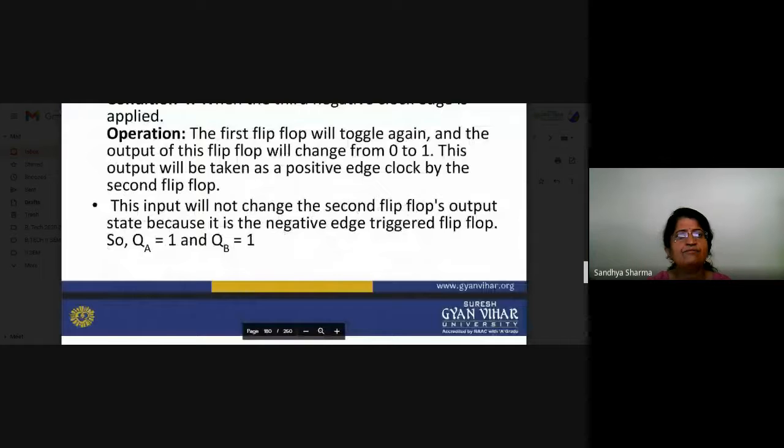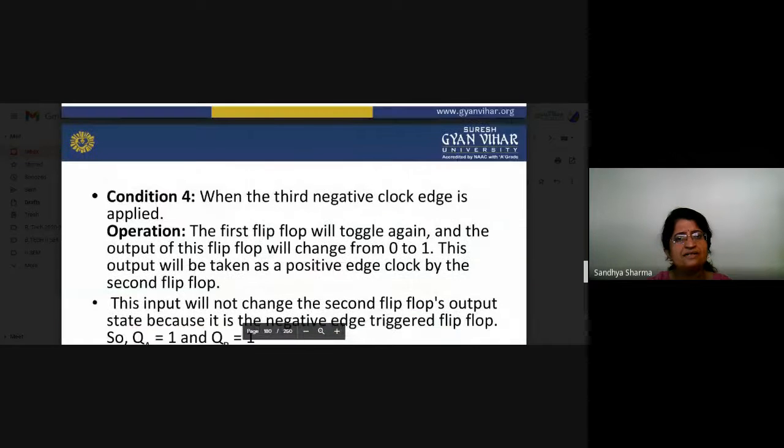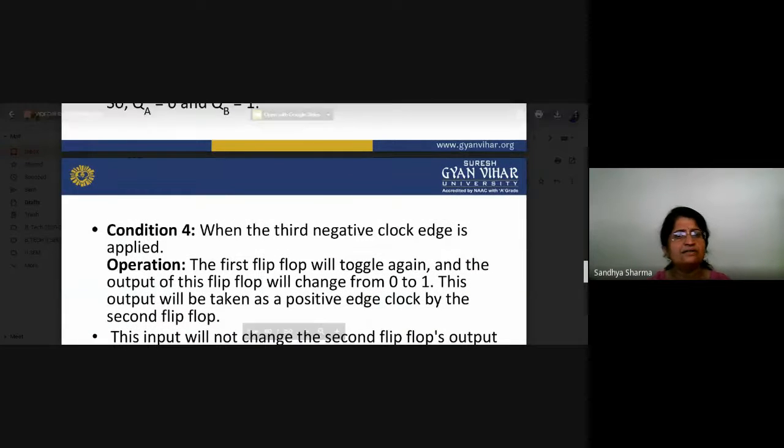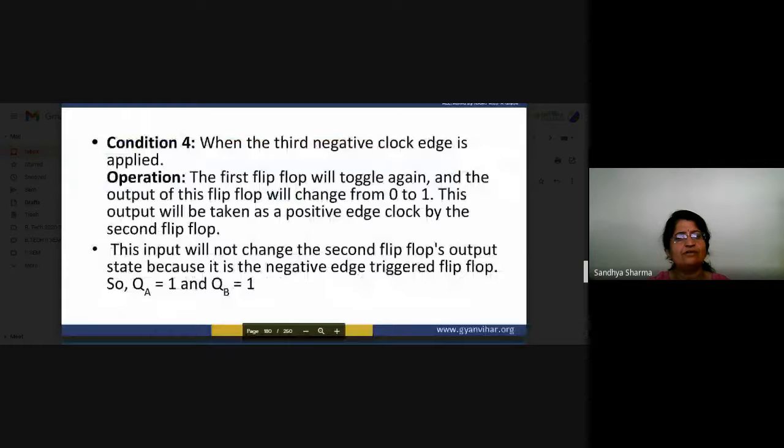And then in the fourth condition, when the third negative clock pulse exists, the first flip flop will toggle again and change from 0 to 1. In this case both flip flops will be 1 and 1. So these are the conditions 0 0, 1 0, 0 1 and 1 1. These are the four states which we can receive by using the asynchronous flip flop.